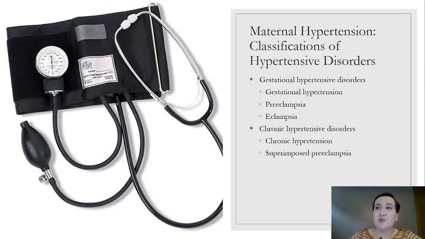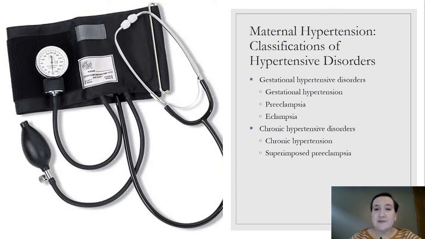Something called superimposed preeclampsia, and then there's increased perinatal concerns or fetal concerns, such as intrauterine growth restriction or preterm delivery. Postpartum, after we've delivered this baby, we still are concerned for pulmonary edema, renal failure, heart failure, and encephalopathy.